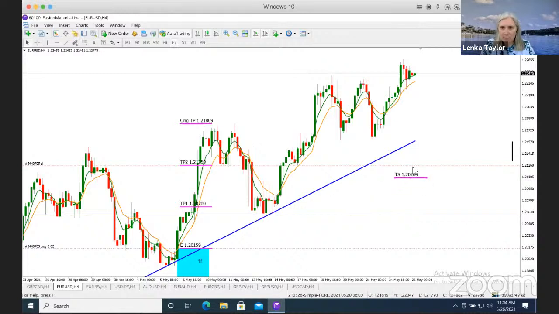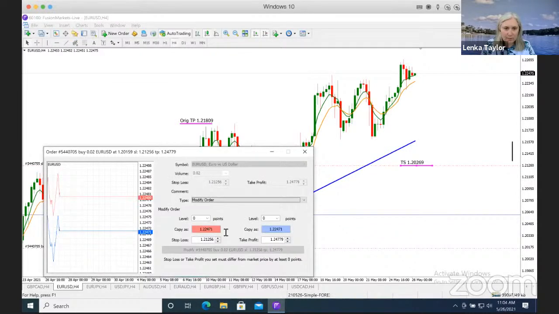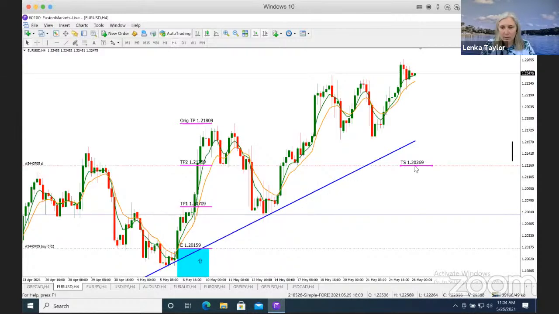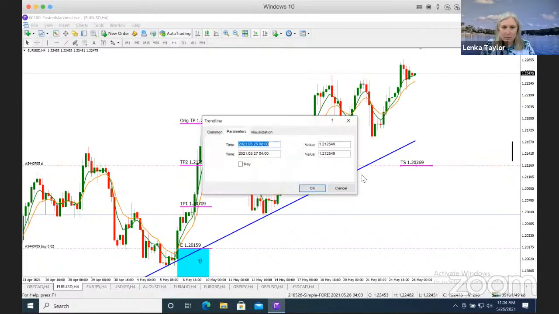I'll move this up. Where's the trailing stop now? Trailing stop is here. So the new trailing stop is at 1.21256.